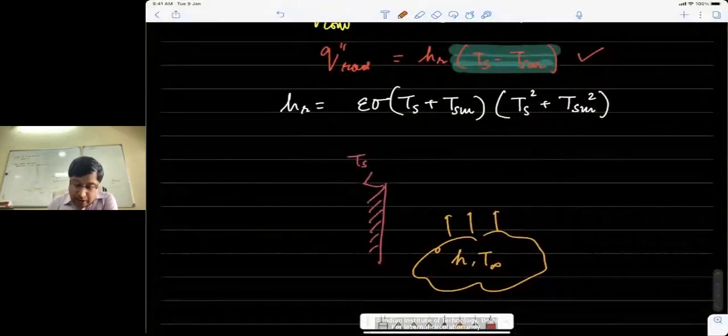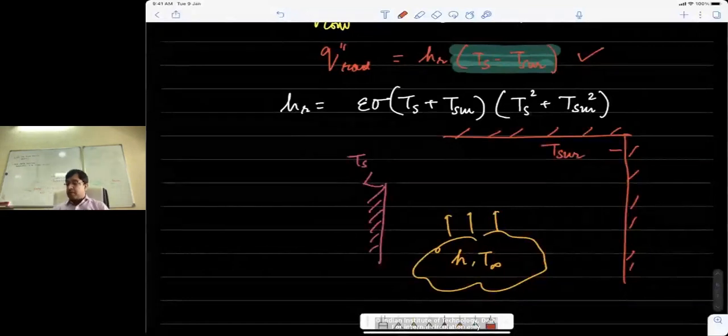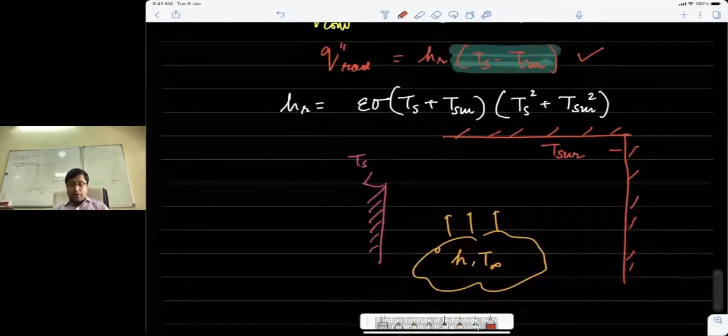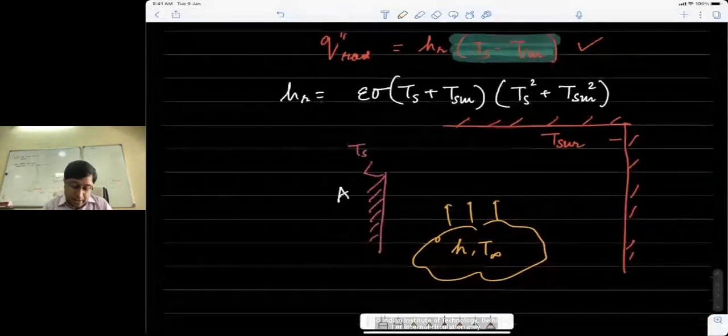There is also a much larger surrounding surface at some temperature T surroundings. The surface has some area A and emissivity epsilon.